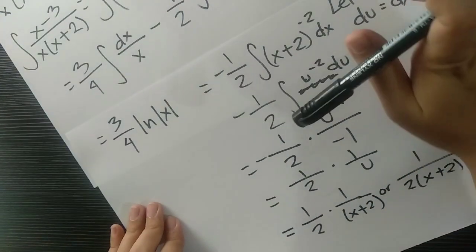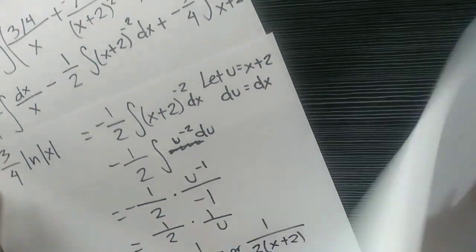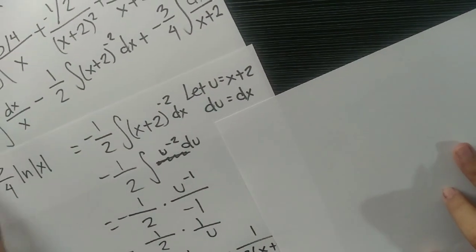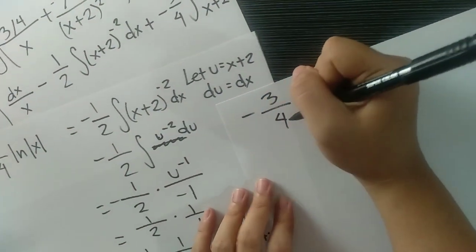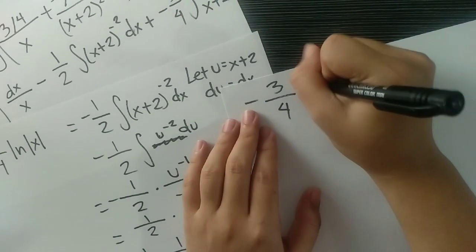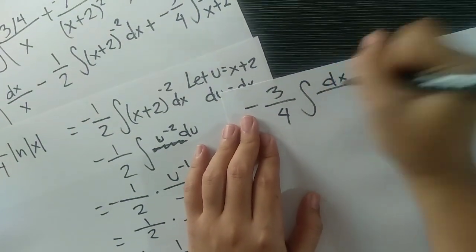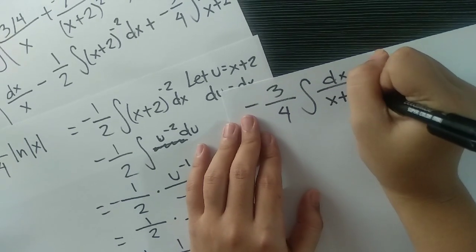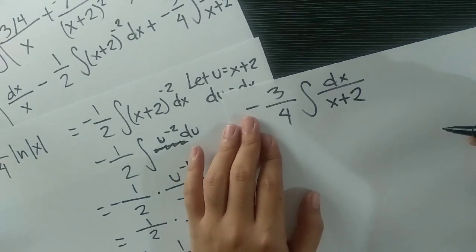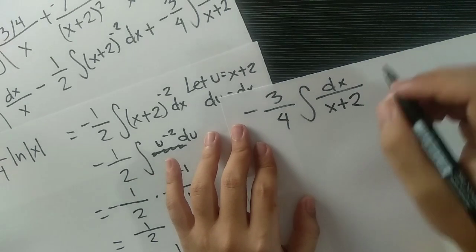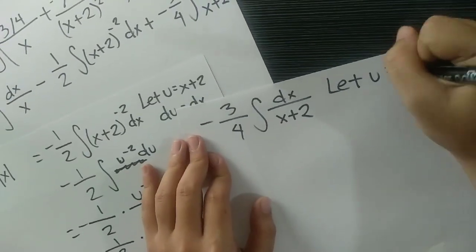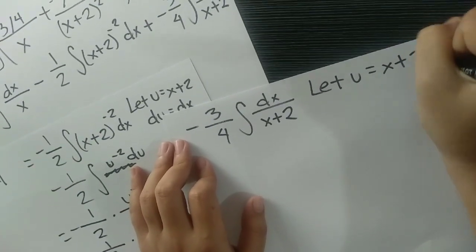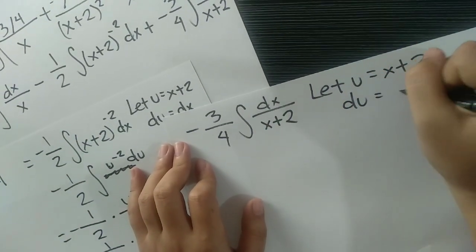So now let's find the integral for this last term: negative 3/4 integral of dx over (x + 2). Let u be equal to x + 2 and du equal to dx.